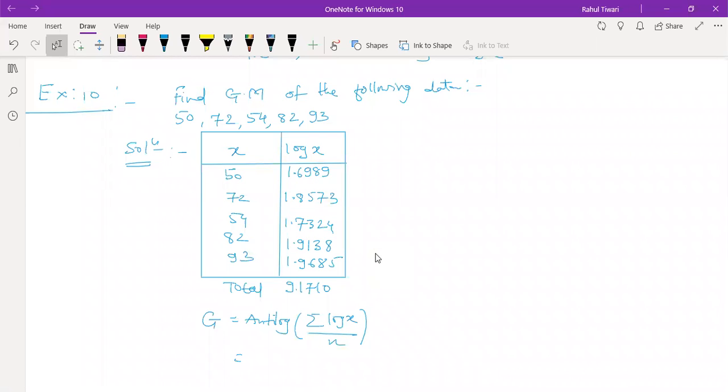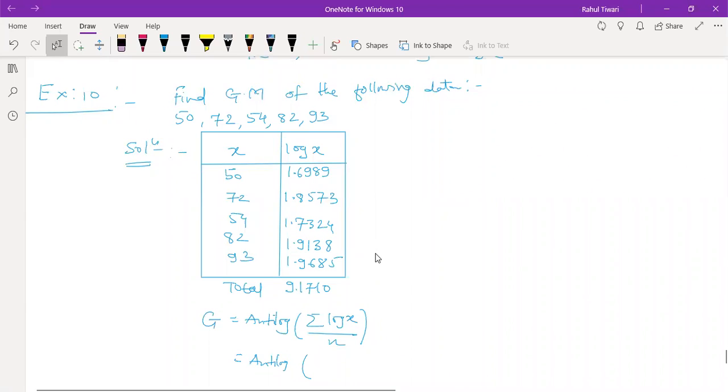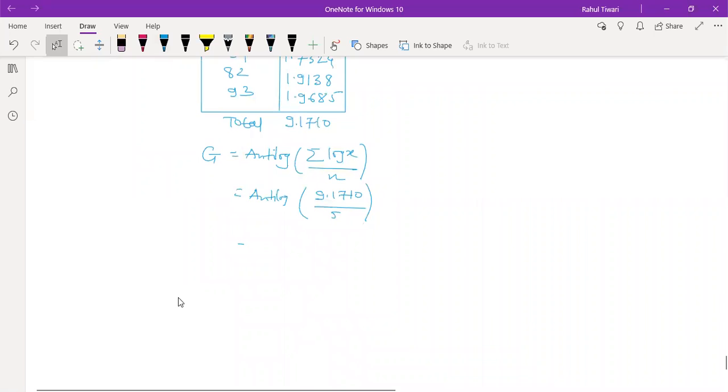So it's anti-log of 9.1710 divided by 5. Just calculate this.